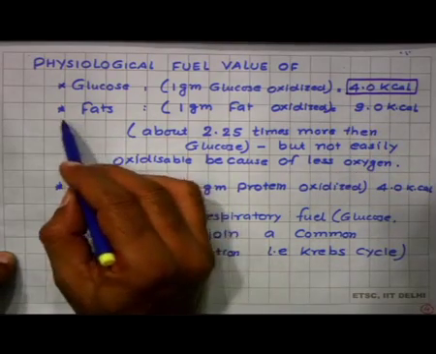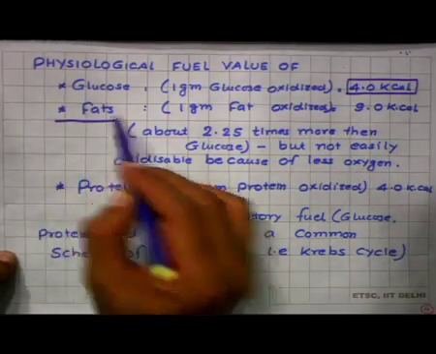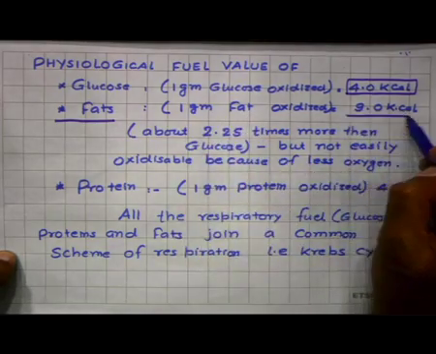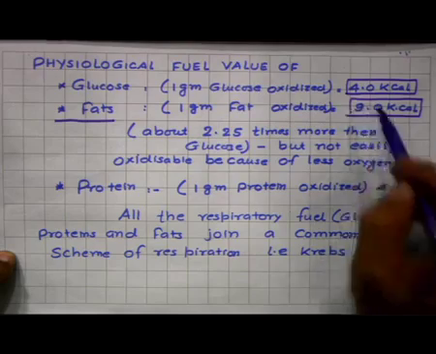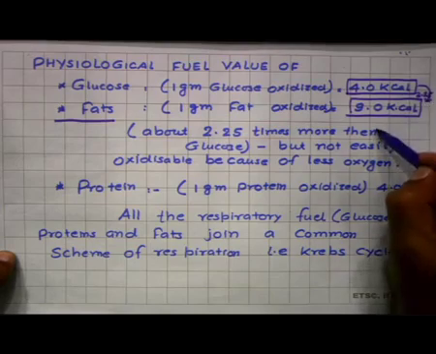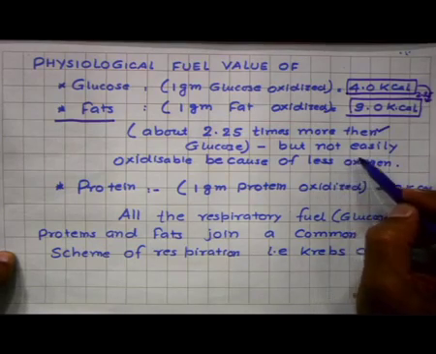When 1 gram of fat is oxidized, it gives 9.0 kilocalorie energy, which is about 2.25 times more than glucose, but the oxidation of fat requires more oxygen.